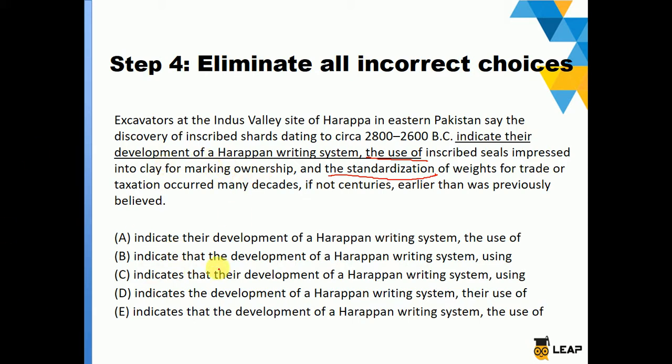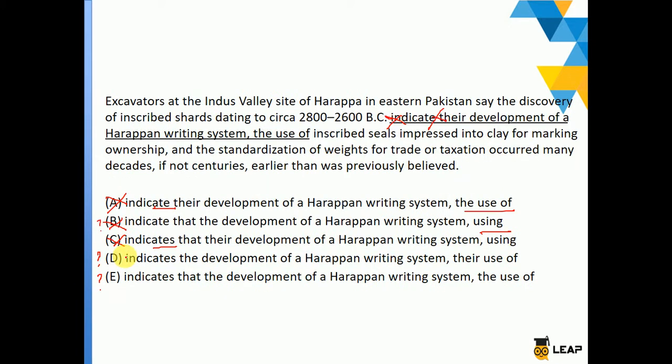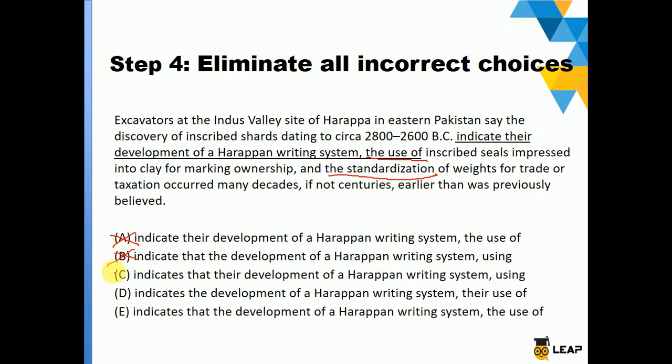But then how do you decide between indicates the and indicates that the? Well, do we even have to? We've already eliminated option A. If you want reference, here it is. We've already eliminated options A, B and C. So we can do that here, A, B and C. Now look for indicates the. Alright, we've got indicates the here. Now let's read the rest of it.